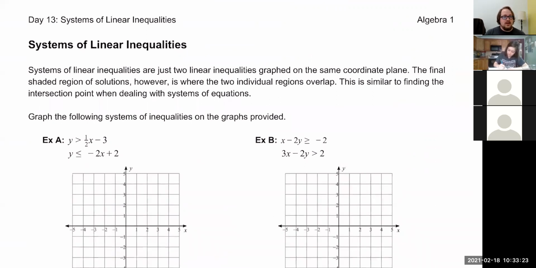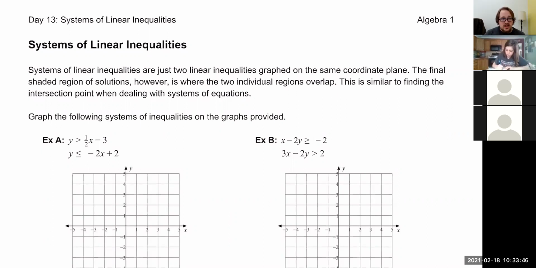We are dealing with 2 of them. So organization, I know I harp on it a lot, but organization is going to be tremendously important here, because if you think about it, we're going to have 4 pieces of information for each, which gives us a total of 8 pieces of information to keep track of.